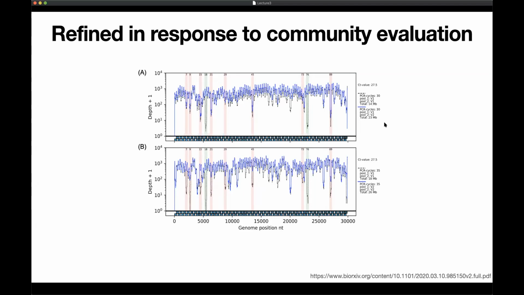And then there's some diagnostics here about how this was done: how many PCR cycles were done, and how much sequencing output there was. But they basically did this study and went back to the Arctic people and said, look, some of your primers aren't working too well, so let's look into this and revise them.